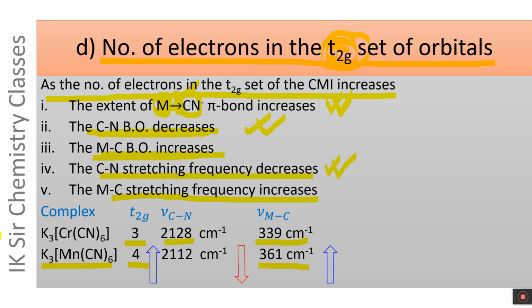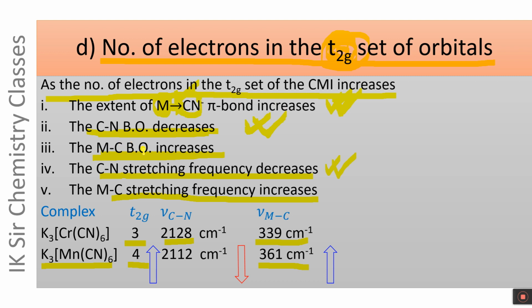Let us understand it again. As the number of electrons in the t2g set of orbitals in the CMI increases, the extent of pi bonding increases. CN bond order decreases. Why does CN bond order decrease? Due to transfer of electrons from the metal atom to the pi star MO of the CN minus ion.